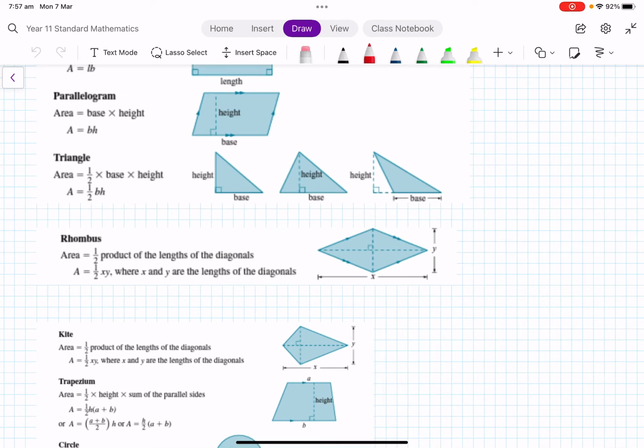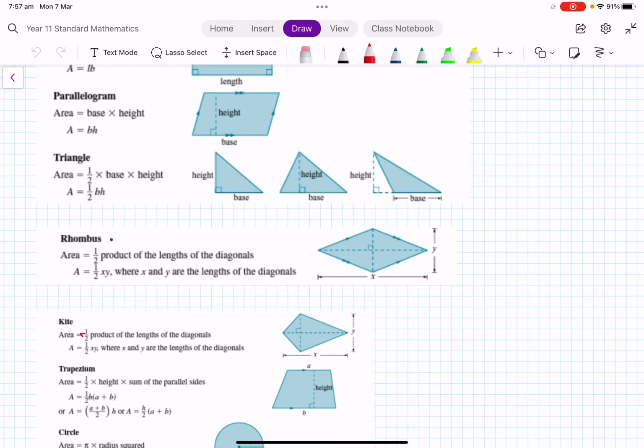So half times x times y is the formula for both. Now you do get most of these in formula sheets, and we'll go through that. So that's a key one to note, the rhombus and kite being the same formula, because a rhombus is a type of kite.